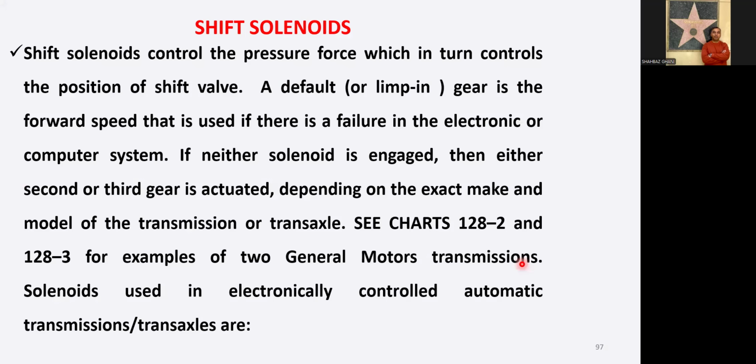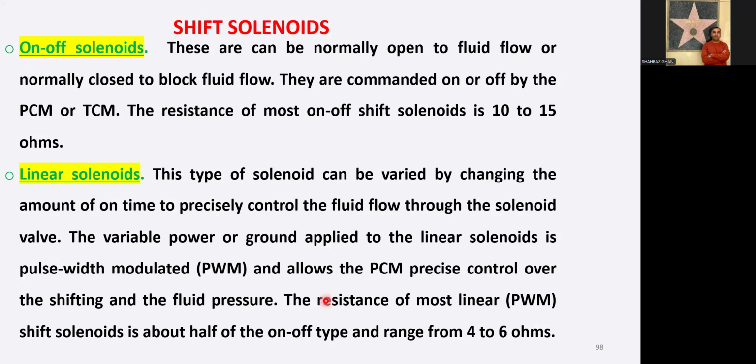Now let's see the solenoids used in the electronically controlled automatic transmission transaxle. There are two types: on-off solenoids and linear solenoids. On-off solenoids can be normally open to fluid flow or normally closed to block fluid flow.